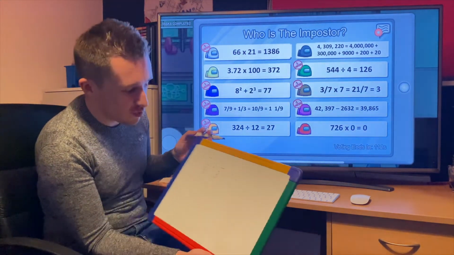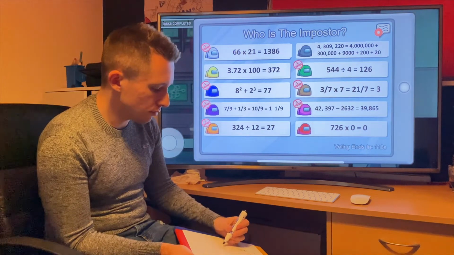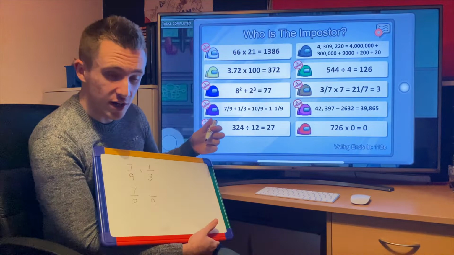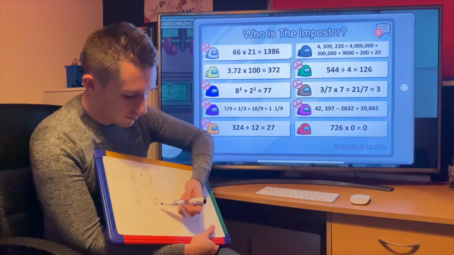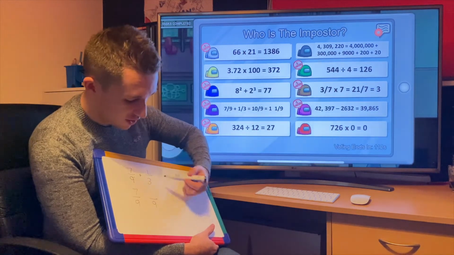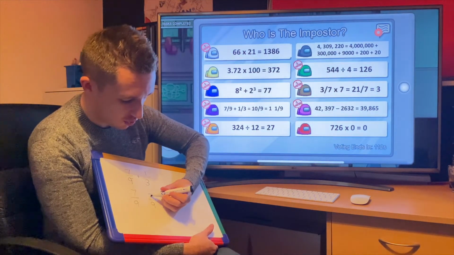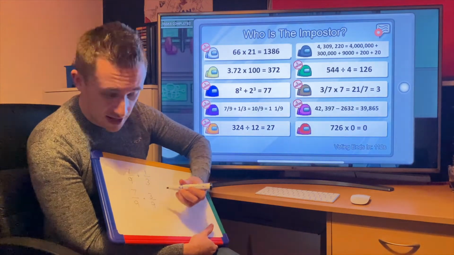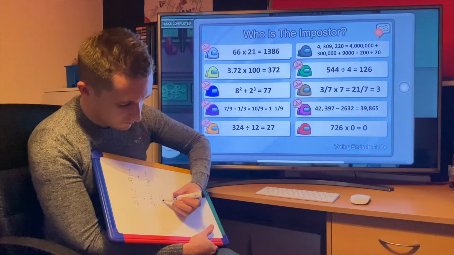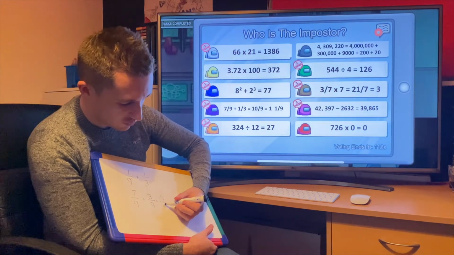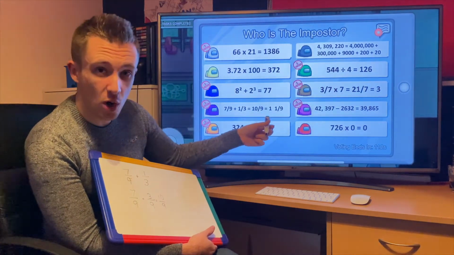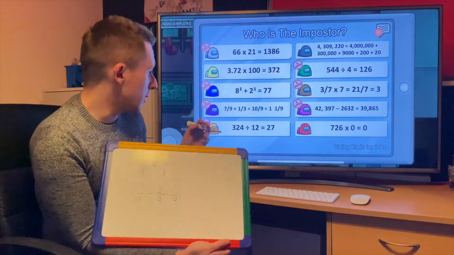So we can change that third into something over 9. 3 times 3 is 9. So 1 times 3, because we do the same to the top. And now we add them together. 7 plus 3 is 10. We don't add the denominators. 10 over 9, which is the same as 1 and 1/9. So purple is correct.